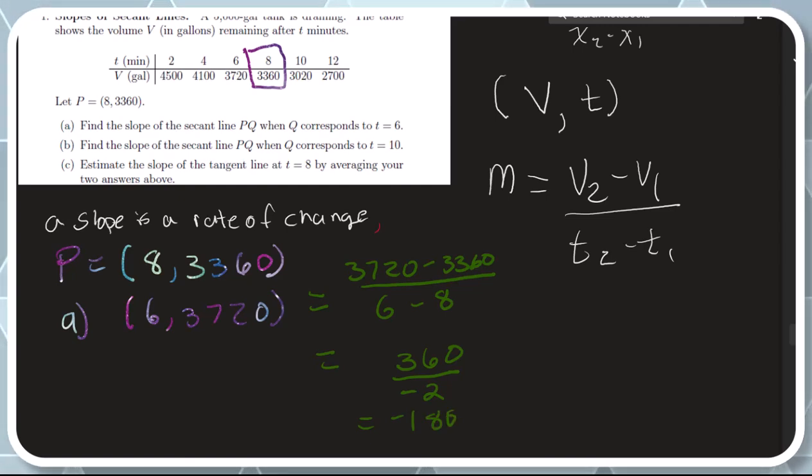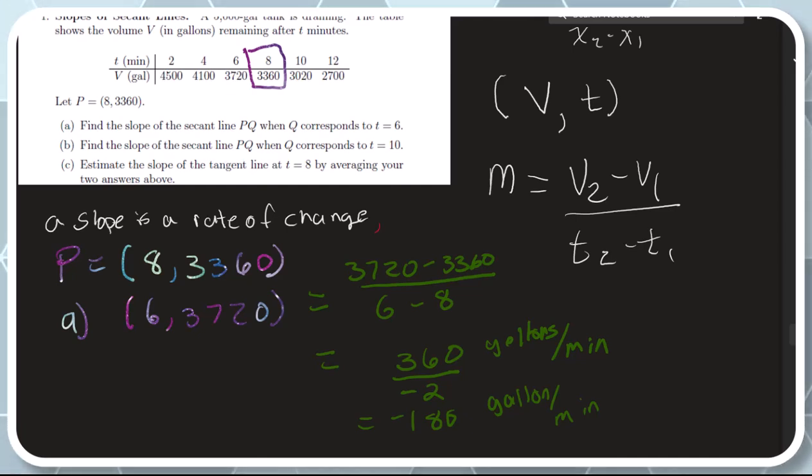Our units are the units of the numerator over the units of the denominator. The numerator is gallons, and the denominator is minutes, so this is gallons per minute. Between 6 minutes and 8 minutes, it is losing fluid at a rate of 180 gallons per minute.